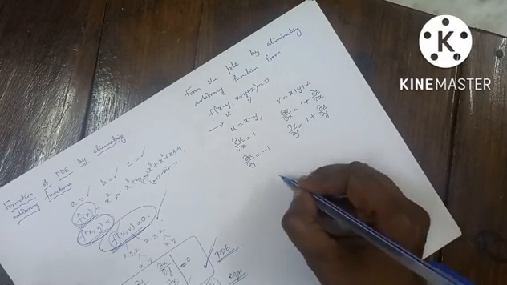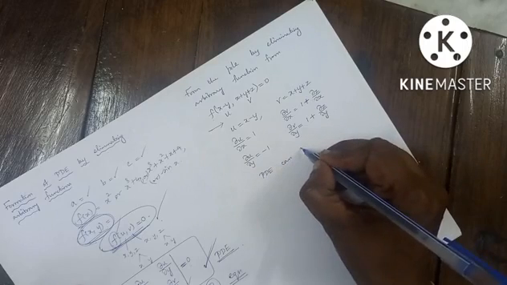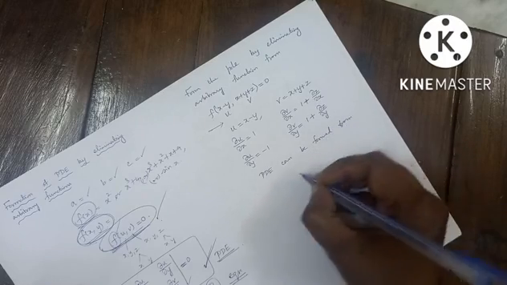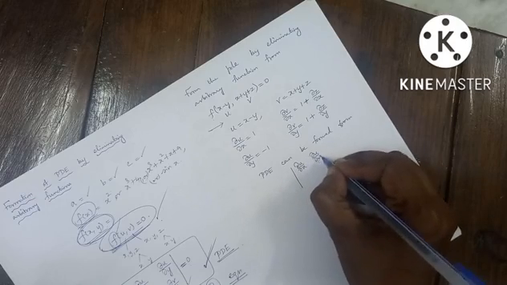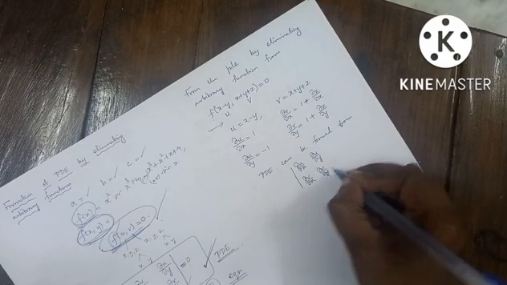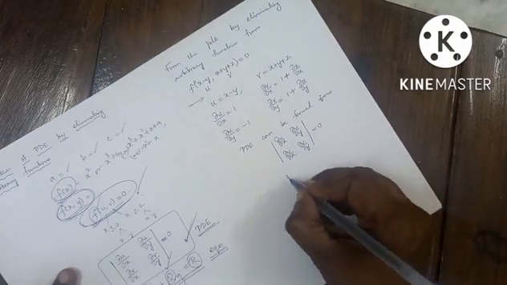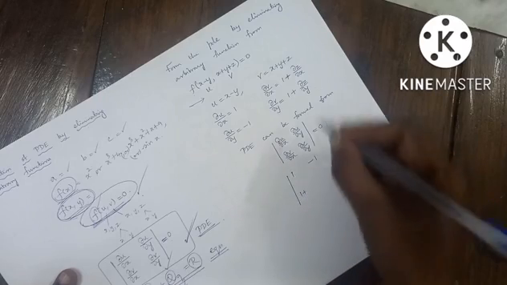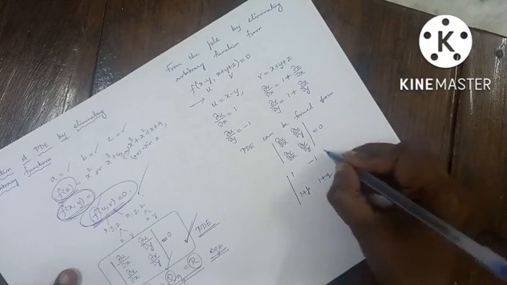So now, we know PDE can be formed from the determinant of dou u by dou x, dou u by dou y, dou v by dou x, dou v by dou y equal to 0. So, dou u by dou x is 1, dou u by dou y is minus 1, dou v by dou x is 1 plus p, dou v by dou y is 1 plus q.